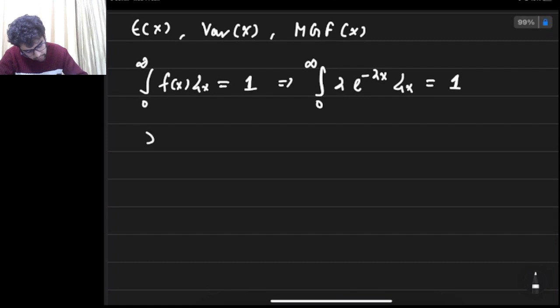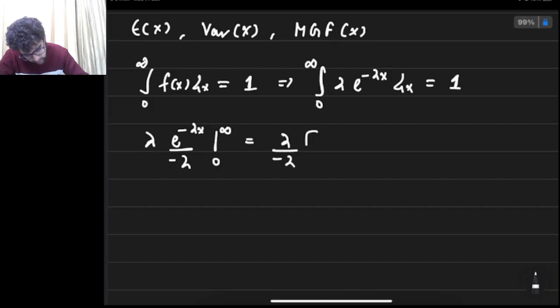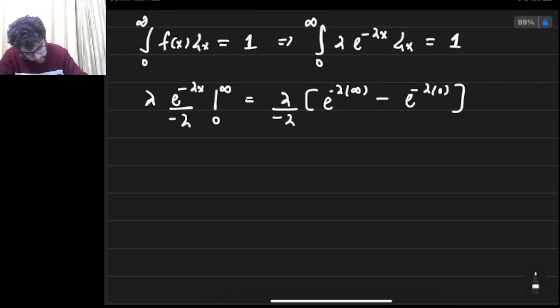If I take lambda out, the integral of e to the power minus lambda x becomes e to the power minus lambda x divided by minus lambda, from 0 to infinity. So now I have lambda times minus 1 over lambda, times e to the power minus lambda times infinity minus e to the power minus lambda times 0. This ultimately gives me minus 1 times (0 minus 1), which is equal to plus 1.